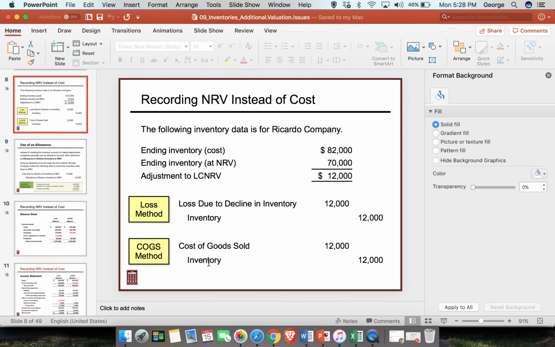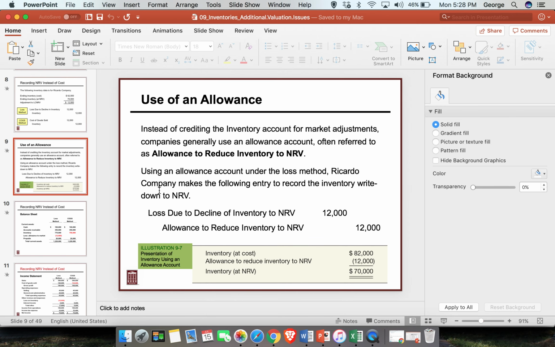Normally, when we do this, we'll set up an allowance account. So we'll use this first part, the loss due to decline in inventory of 12,000, but what we'll credit, just like bad debts, is an allowance account, allowance to reduce inventory to net realizable value. And then on your balance sheet, you would want to show your inventory, in this case, at net realizable value, right? Because it's lower than cost.